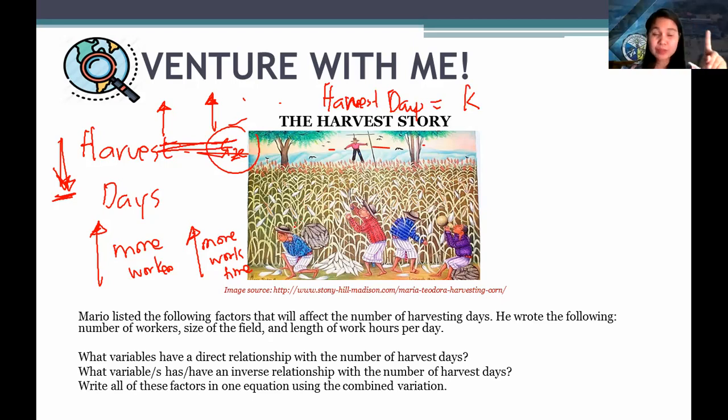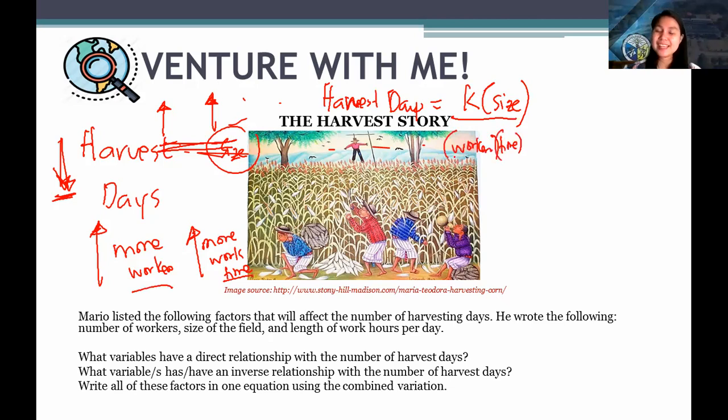The larger, more harvesting days. So K times the size, while the workers and the time are inverse, over workers times time.